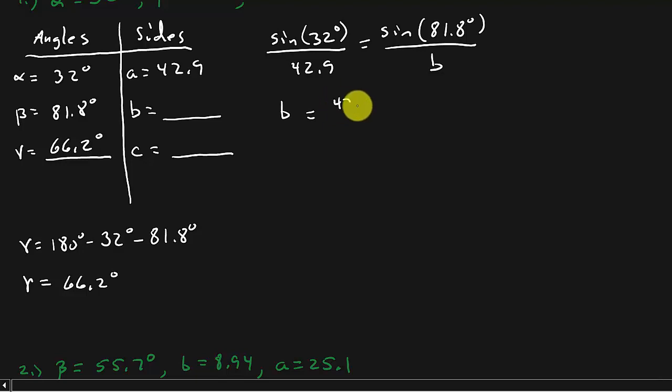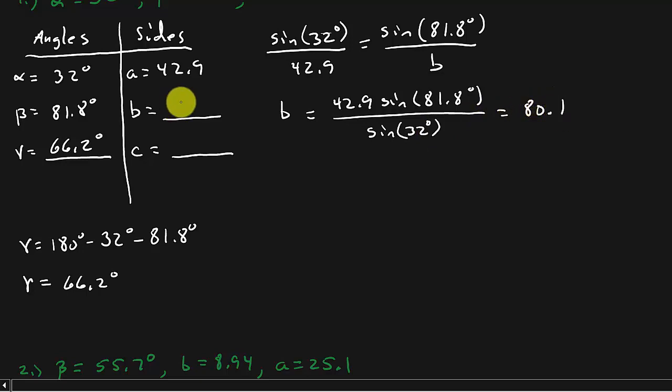So that's going to be 42.9 times sine of 81.8. And then when I move sine 32 across, that's going in the denominator. And so that is going to give me side B is 80.1. There you go.